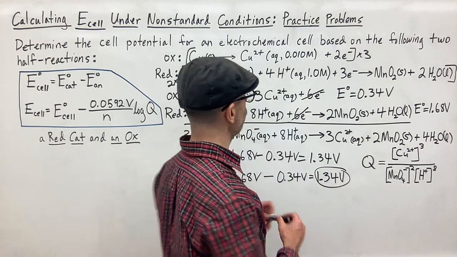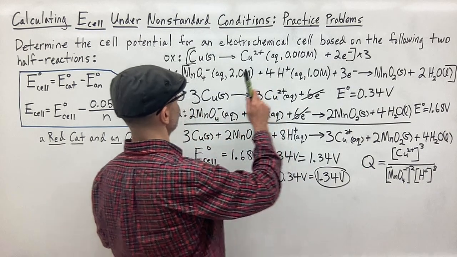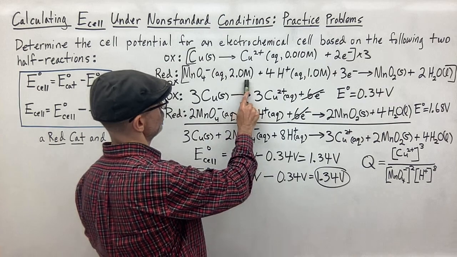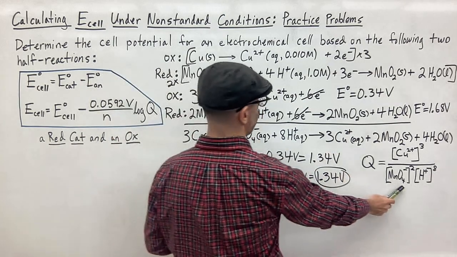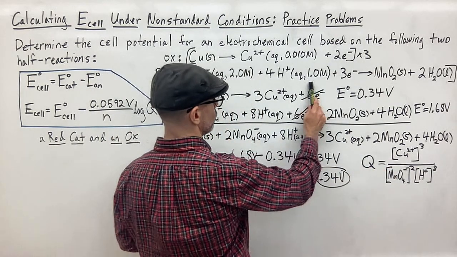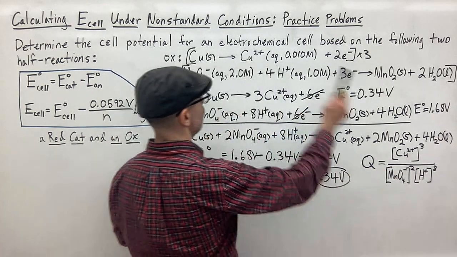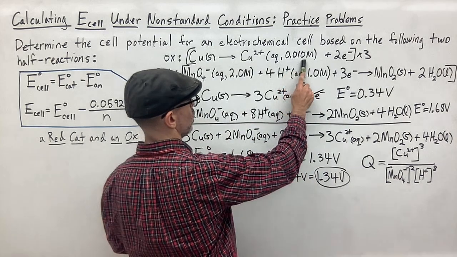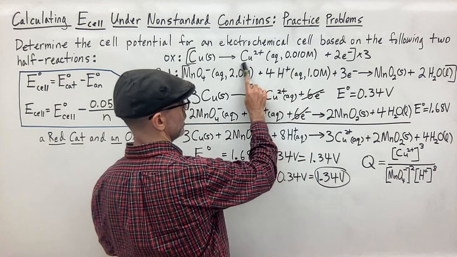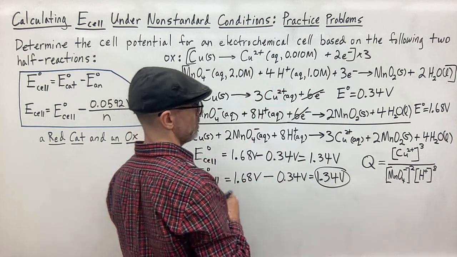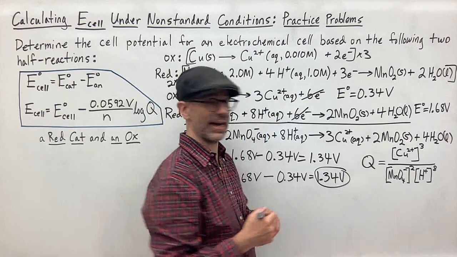Now we take the molarities we're given. We have 2 molar for MnO4, 1 molar for the H plus, and 0.010 molar for the copper 2 plus ion. Then we plug all of that in.